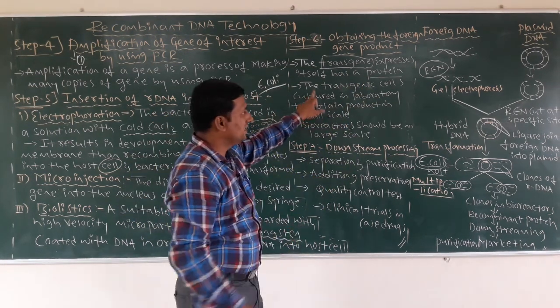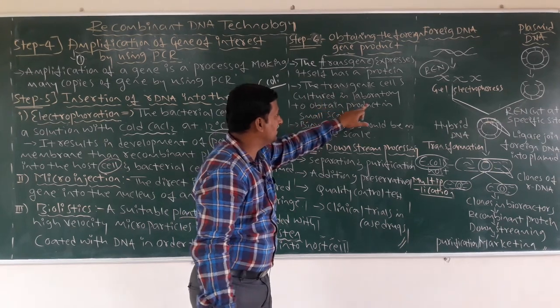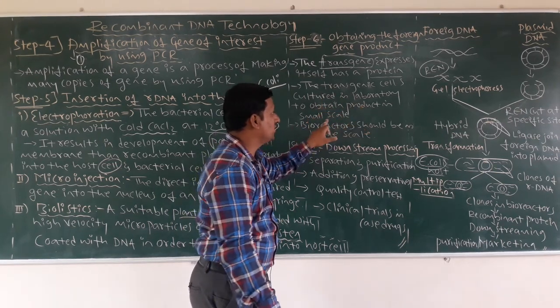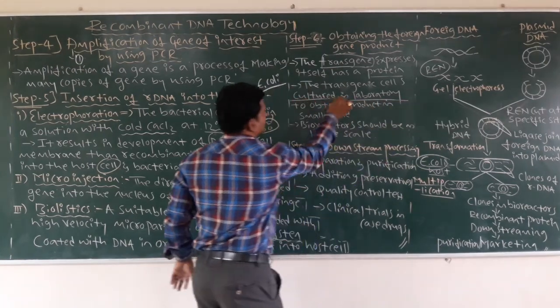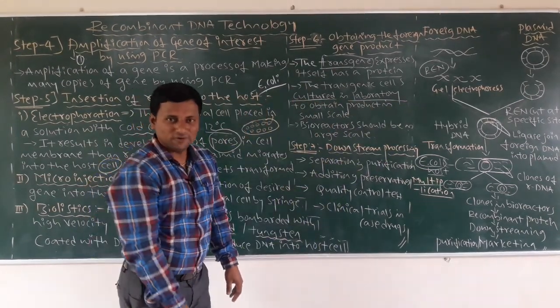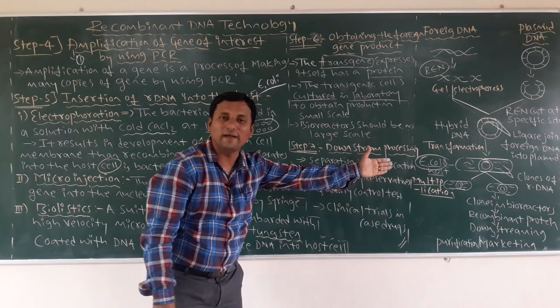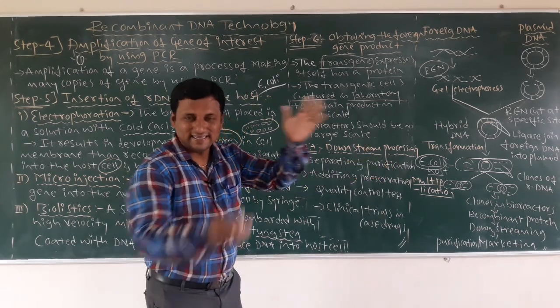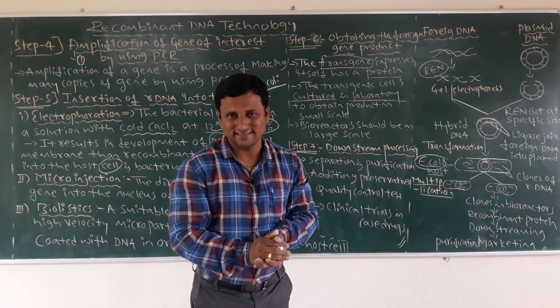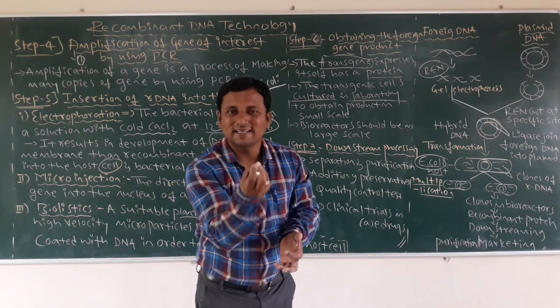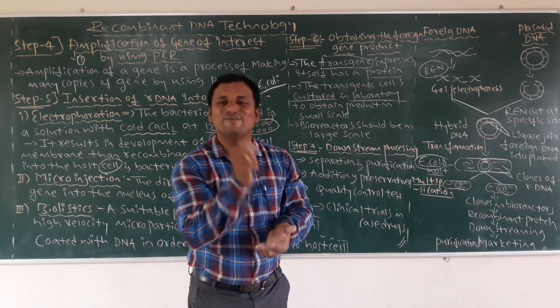How is this protein obtained? See here. The transgenic cells are cultured in the laboratory to obtain the product on a small scale. This is a very important concept. You can use those bacterial cells in laboratory conditions at a suitable temperature, and then you get the recombinant protein molecule.